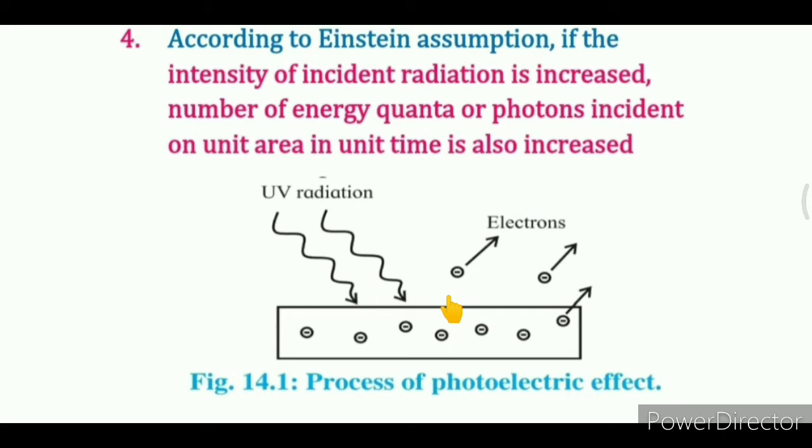And hence, we can say that increasing the intensity of incident radiation means increasing the number of photons incident on unit area in unit time, which results in increasing the number of emitted photoelectrons.